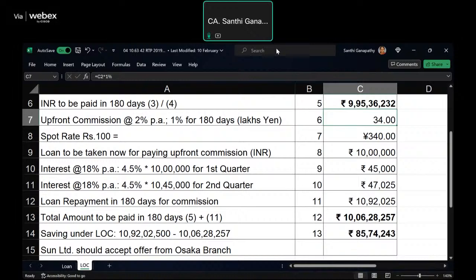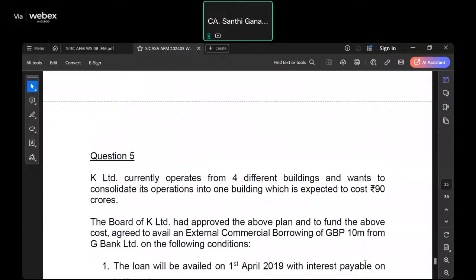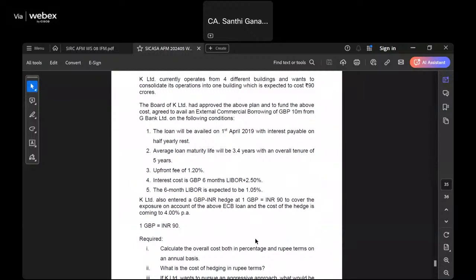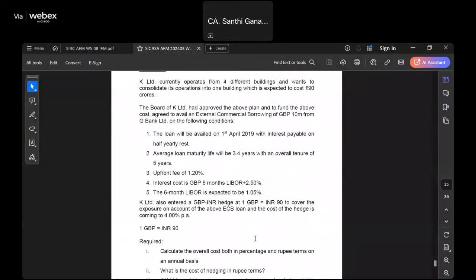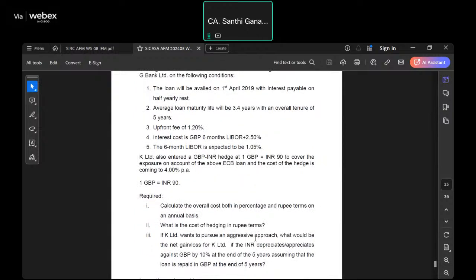Let's move on to the next problem. Calculate the overall cost, both in percentage and rupee terms, on an annual basis.